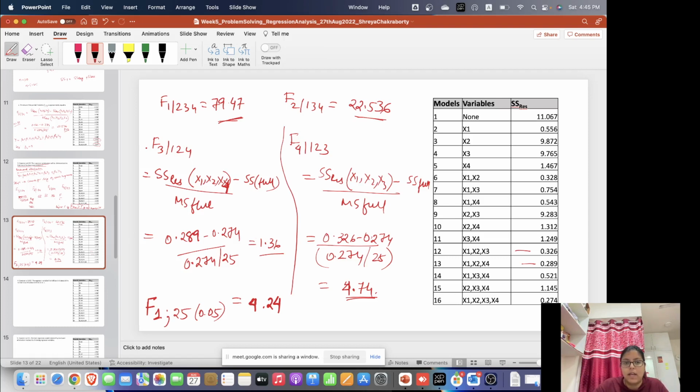But this one, F3 given 1, 2, 4, is less than my cutoff or threshold. So x3, given x1, x2, x4 are already in the model, is not significant. So that is why we will eliminate x3, since F3 given 1, 2, 4 is less than F(1,25) at 0.05.